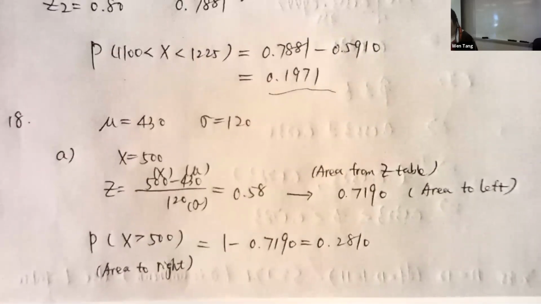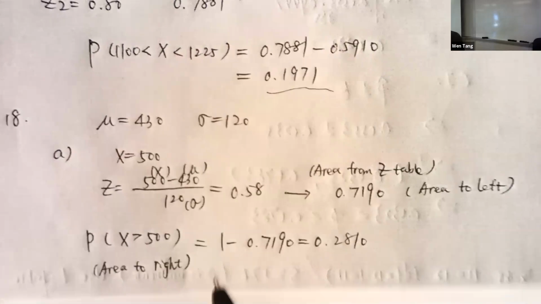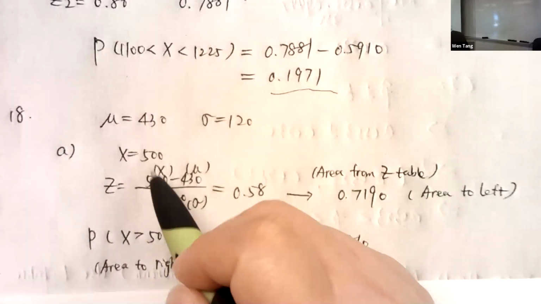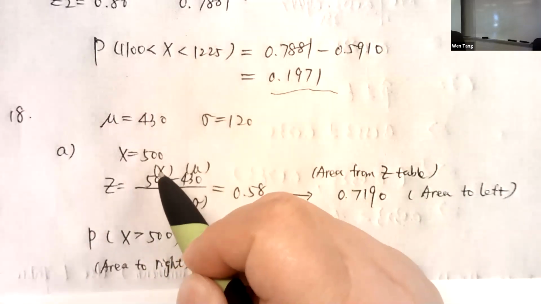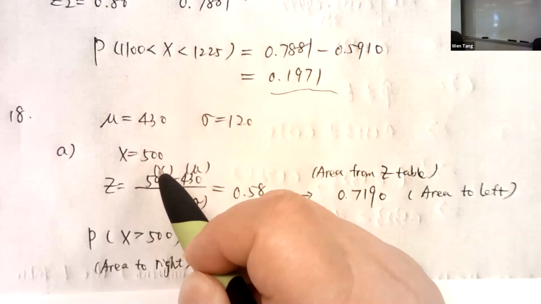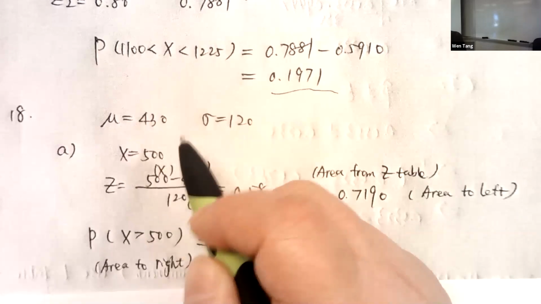So we know a single student is selected, so we have one X value. We only have one single student. So we know X is equal to 500, right? We transfer this single X value to the Z-score.